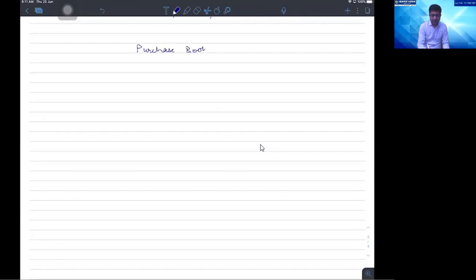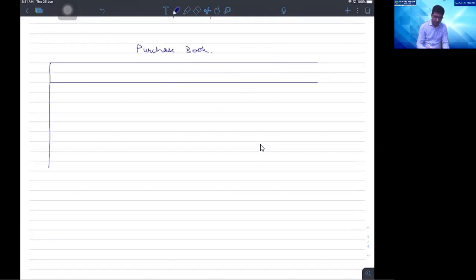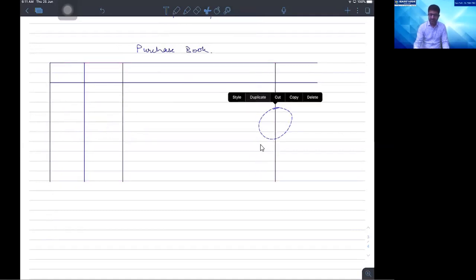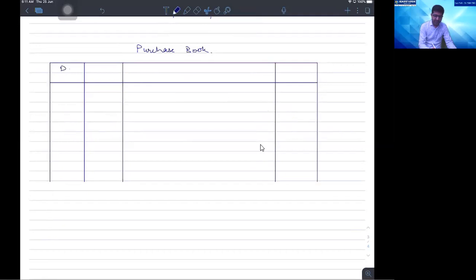Purchase book, in which we'll have the columns for date, bill number, particulars, and amount. All right. Date, invoice number.